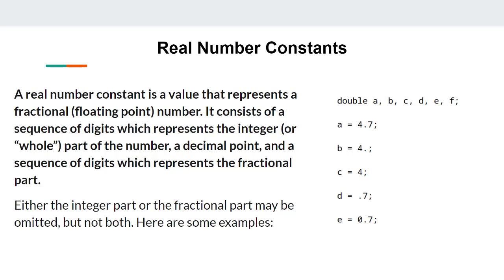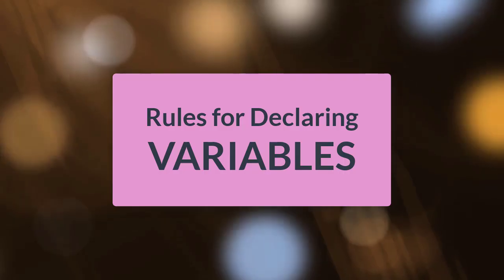Real means floating point. In 4.7, 4 is the integer part of this real number and 7 is the fractional part.